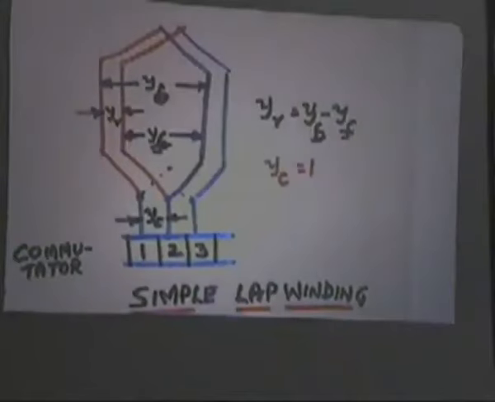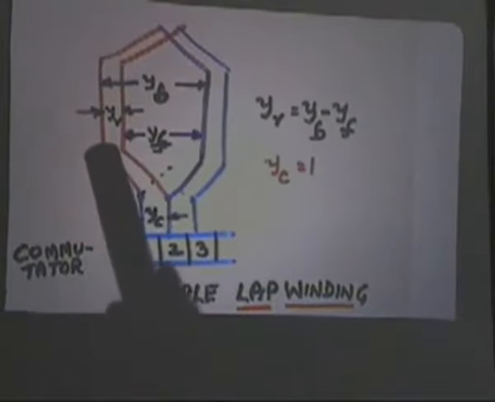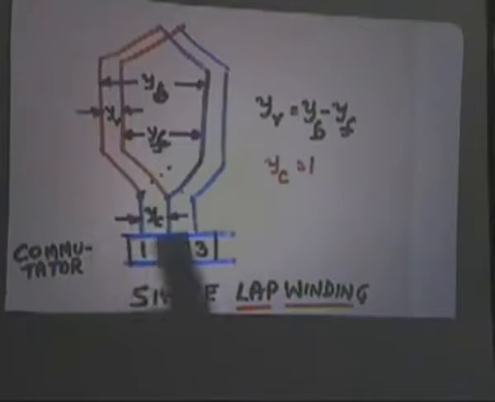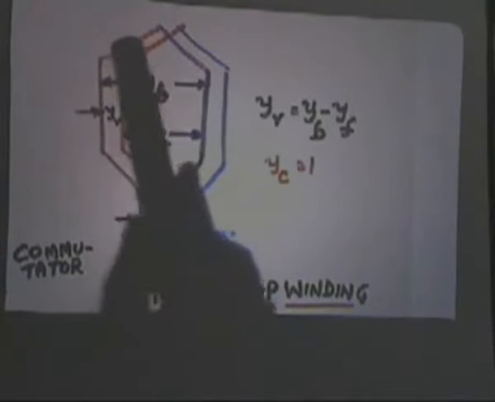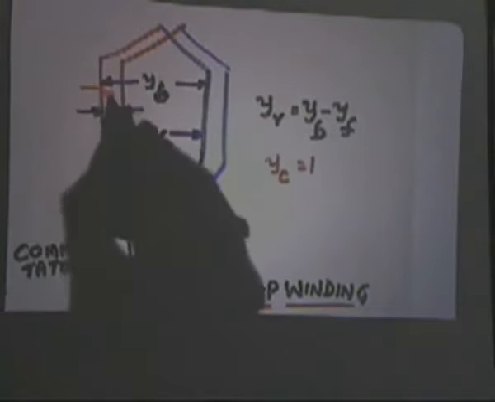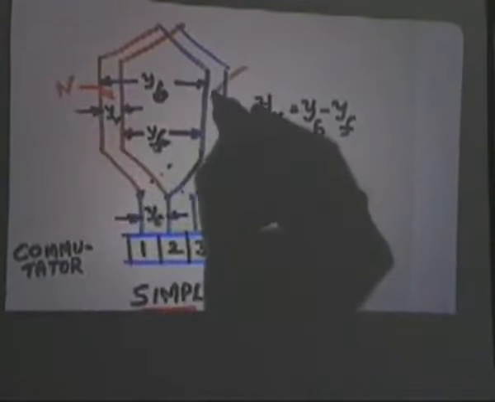I have shown a simple lap winding here. Now here there is one coil which goes in one and comes in the next pole. Supposing this is in north pole, this will be under south pole.